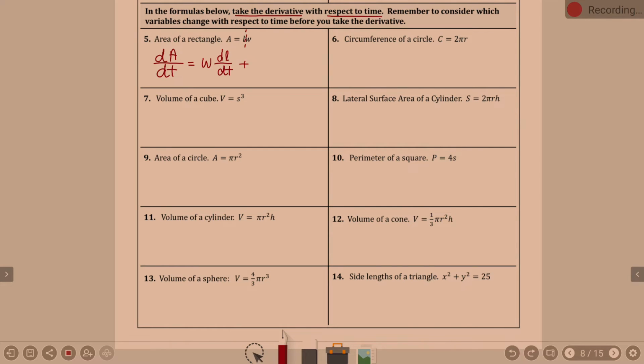Product rule says we add. And now this time, L times dW/dt. We keep the L, and the derivative of W is dW/dt. Whenever you're taking that derivative with respect to time, it's very much like implicit differentiation. It is like saying an L prime or a W prime, except we express it as dL/dt and dW/dt.